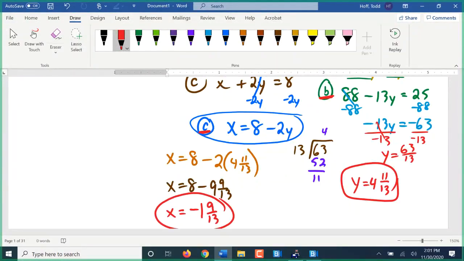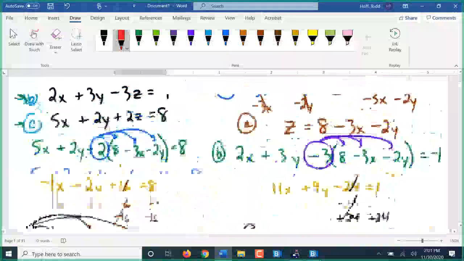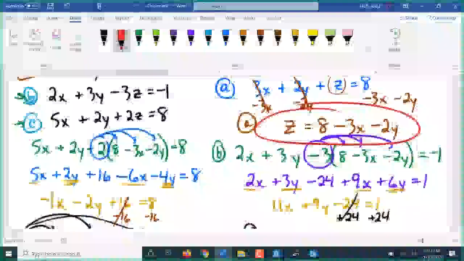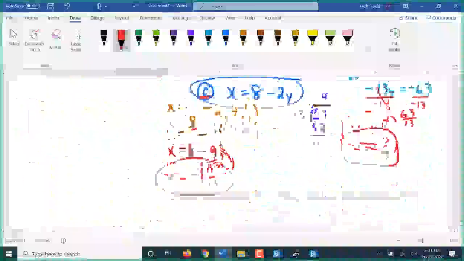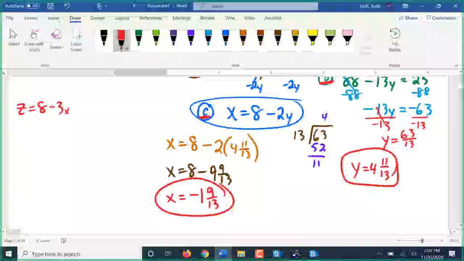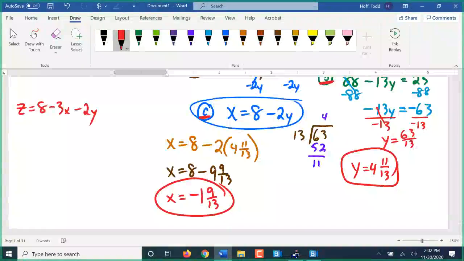Now we still have to solve for z. We go back up to our original that we solved for here. Z equals 8 minus 3x minus 2y. And I put in 8 minus 3x is going to be 3 times negative 1 and 9/13.